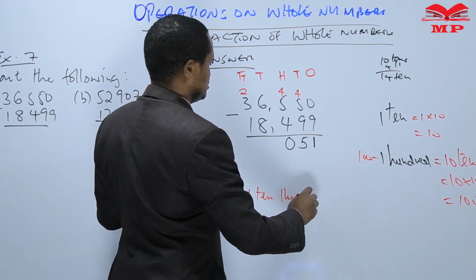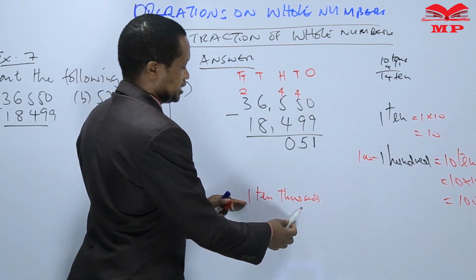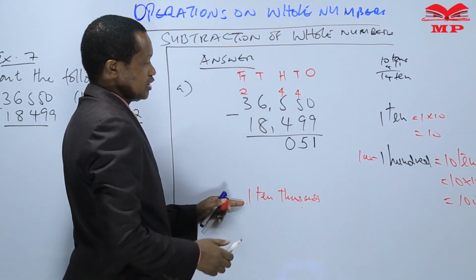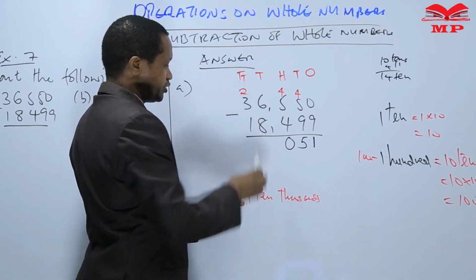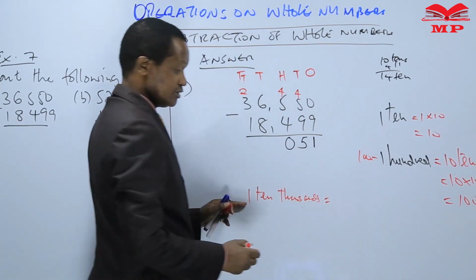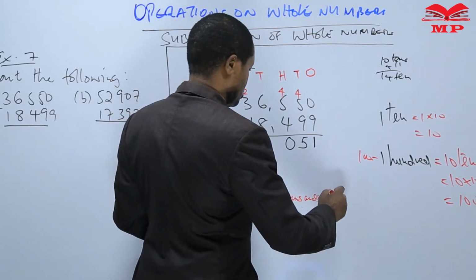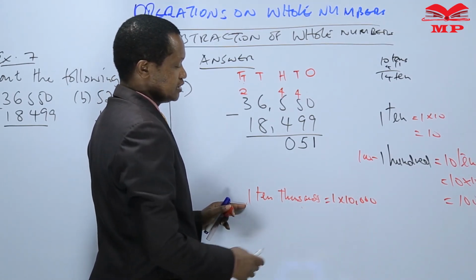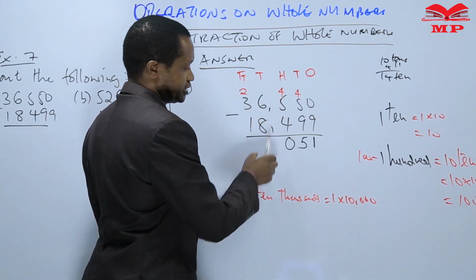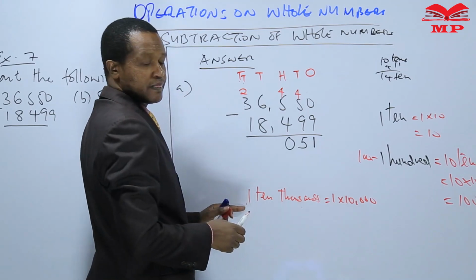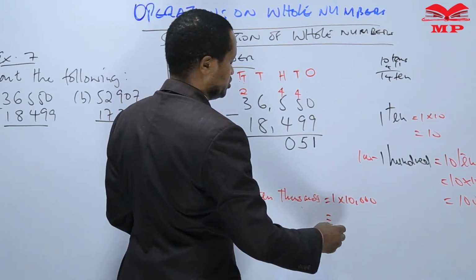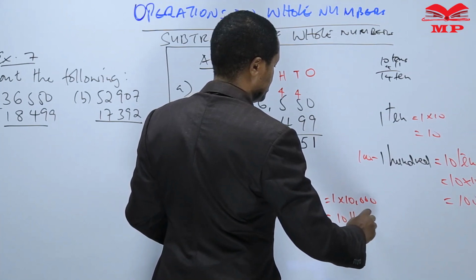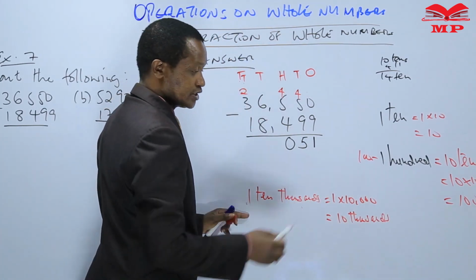We need to subtract 8 thousands from 6 thousands. So this 1 10,000 is equal to 1 times 10,000, and we need to convert it to thousands. So 1 10,000 is equal to 10 thousands.